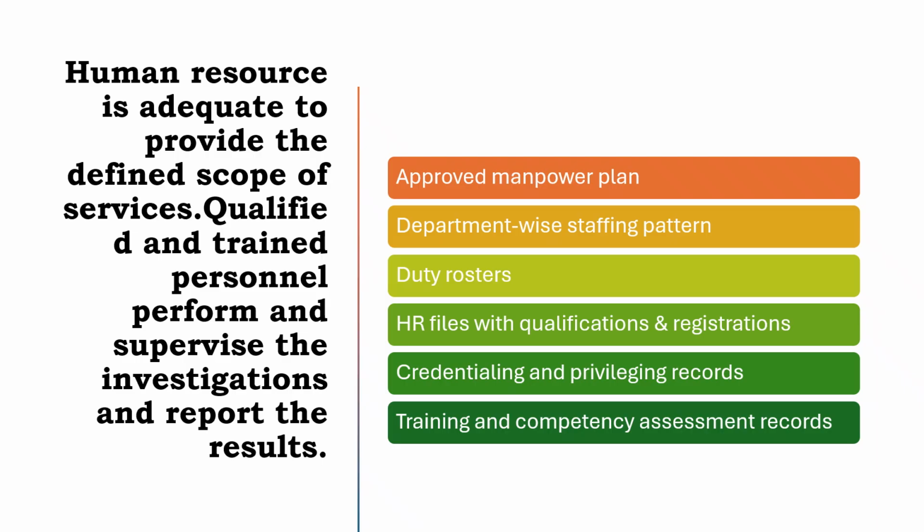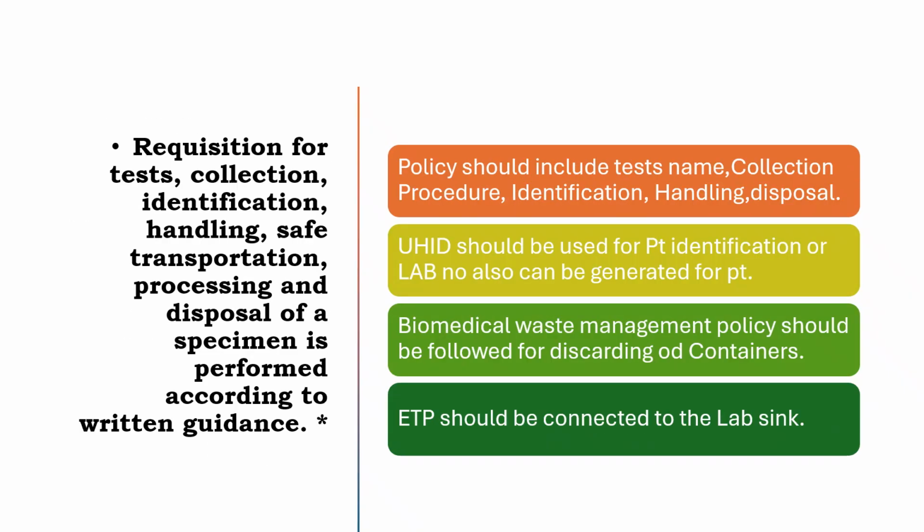HR files with qualification and registration should be there. All staff should be registered with their lab registration, and credentialing and privileging should be there. For the doctors, credentialing and privileging is required, and for the technicians also, it is required. Training and competency assessment records are also equally important for all the staff. So it should be there in their personal file.